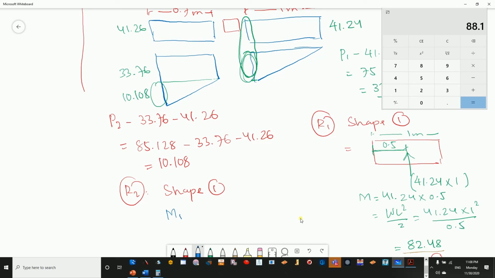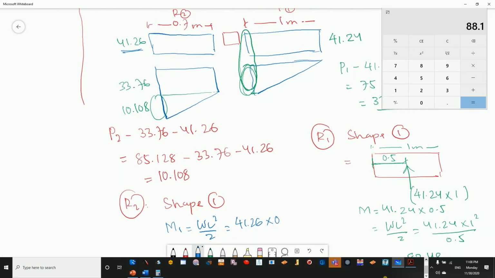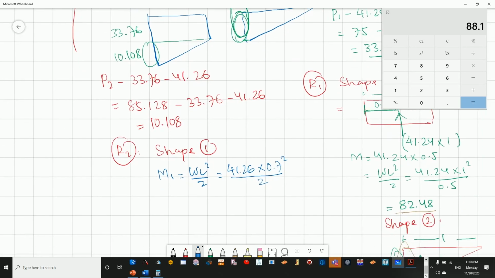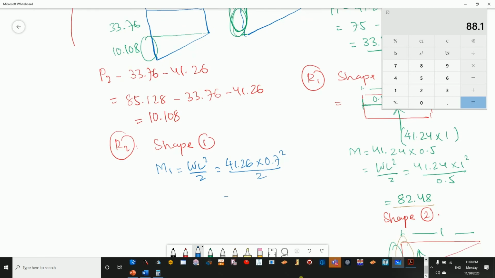So M1 is w squared over 2, where w is 41.26 multiplied by the distance, which is 0.7, divided by 2. Okay, so M1 equals 41.26 multiplied by 0.7 multiplied by 0.7 divided by 2. So that's going to give you around 10.1.